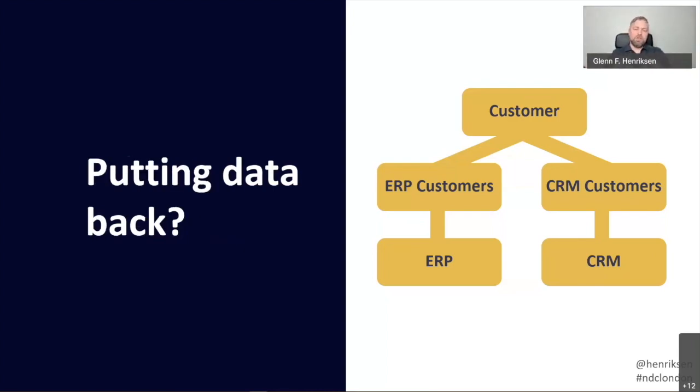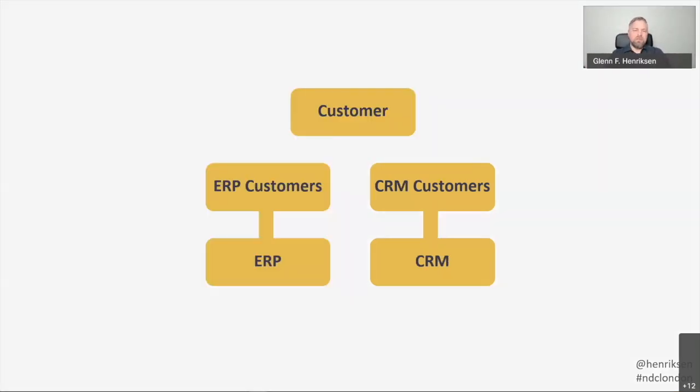Because up to now, we only talked about query. What happens when we want to put data back into the system? Well, there's several ways of doing that as well. And what you end up with will be based on your environment and your systems. But there's 3 main ways of doing this. 1, let the customer service sort it out.